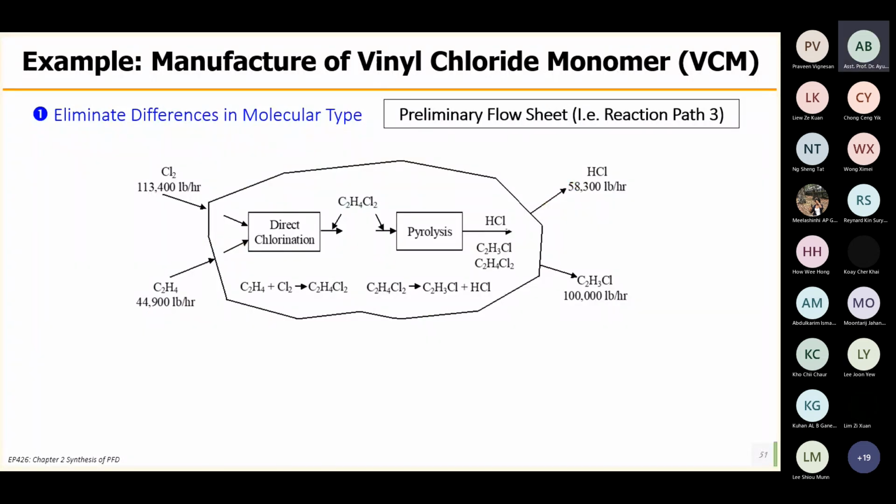We create the preliminary flow sheet. Okay, this is the process diagram where you have your input, output, and the reaction occurs inside.